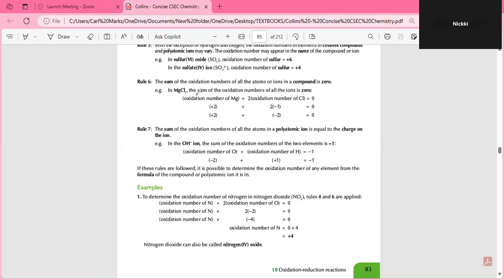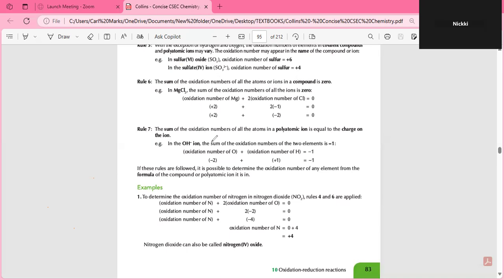And for chlorine, we're going to end up with a -2. We add them together and we end up with 0. So whenever you see these compounds together, their oxidation state is 0, if you add up the oxidation states in the compound.